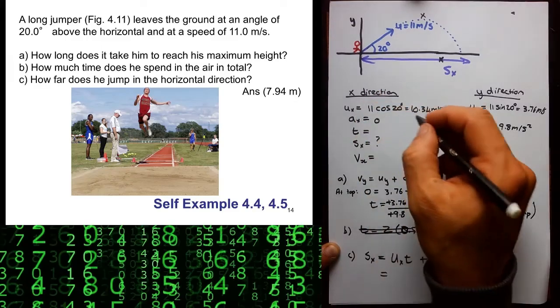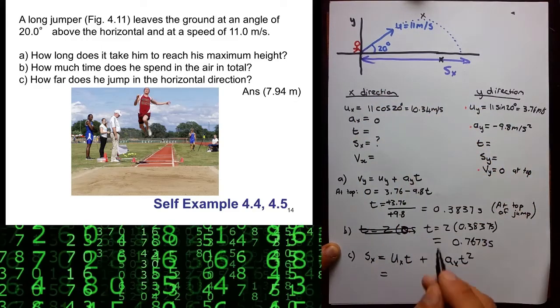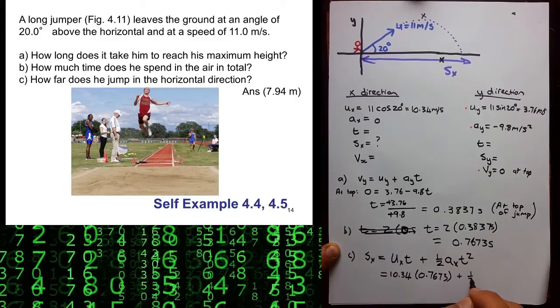So we're going to have uxt, so we're going to have 10.34 times the time, 0.76, plus half of 0 times t squared. So as I said, this term falls away, and 10.34 times 0.76 gives us this value of 7.94 meters.